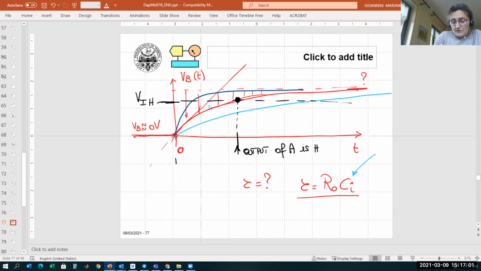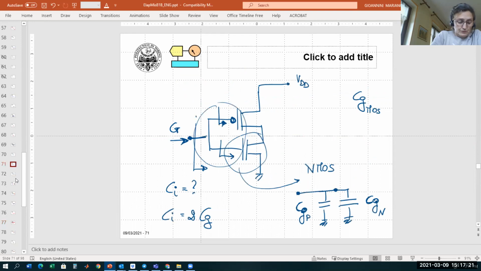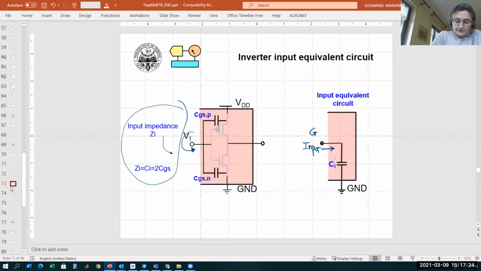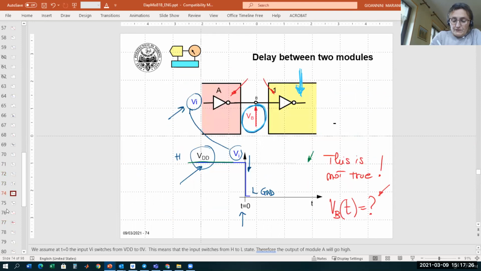Okay? And you see that there's a delay that we call TD, t delay, or someone TP, propagation delay. It's the same stuff. So you see that you have a switch of the input. Let's go back to the original problem. We have a switch of this voltage. This voltage here switches from high to low at this time instant t equals 0.